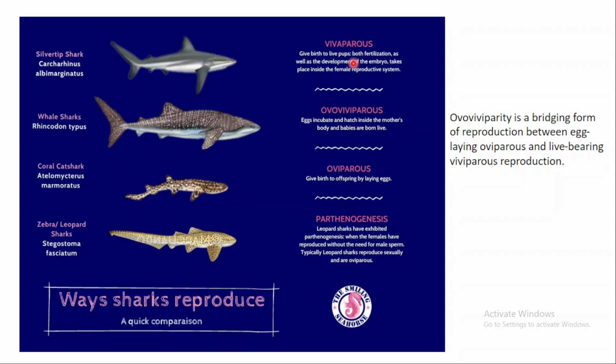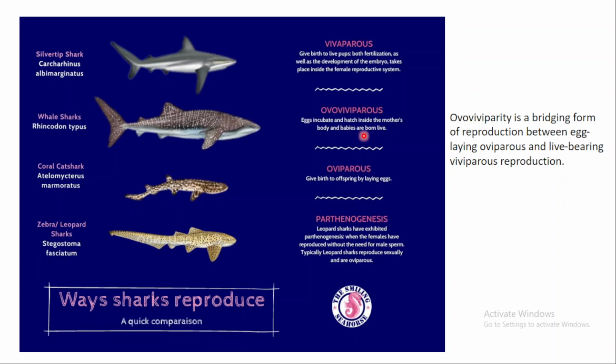Ovoviviparous, oviparous. So we have oviparous where egg laying is the common phenomenon, like in chickens. Chickens lay the egg, and all the development happens inside the egg and not inside the female reproductive system. And ovoviviparous, which are some sharks, mostly sharks, eggs incubate and hatch inside the mother's body, and babies are born live.